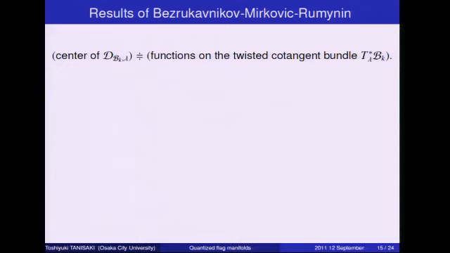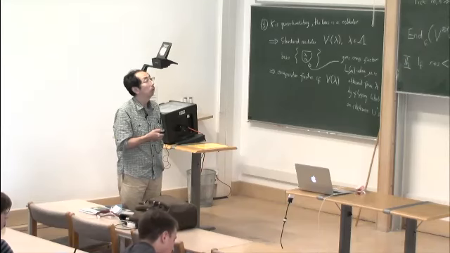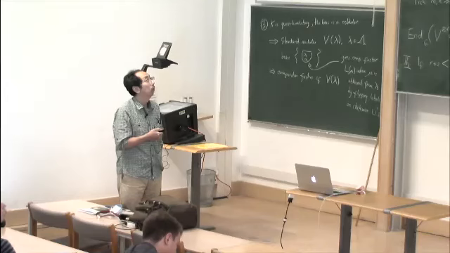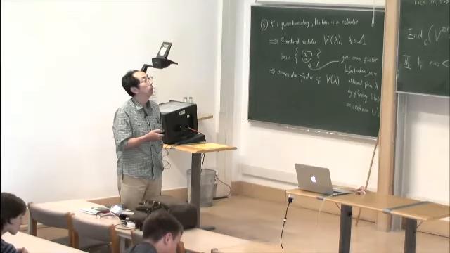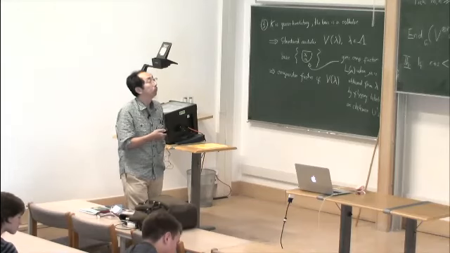In fact, the center can be identified with the functions on the twisted cotangent bundle. If lambda is 0, then this is an ordinary sheaf of differential operators, and in this case, we have a real cotangent bundle. But if we twist by lambda, then we need to consider twisted cotangent bundles.